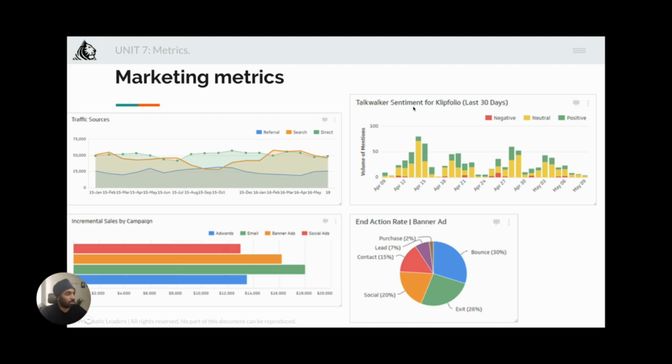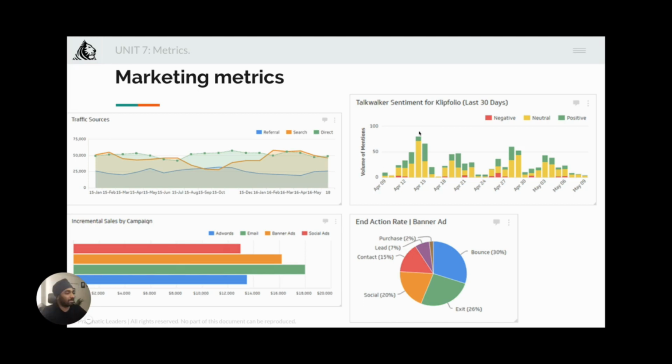Similarly, Talkwalker sentiment. Now, this is another metric that they're using to do sentiment analysis. If you remember, I think I covered this in Unit 2, where I spoke about sentiment analysis in the context of user stories and figuring out whether people like a certain feature in a positive way or in a negative way.